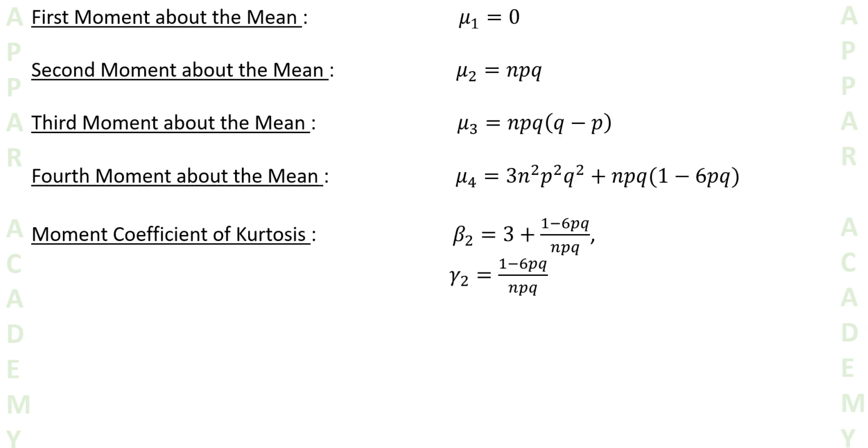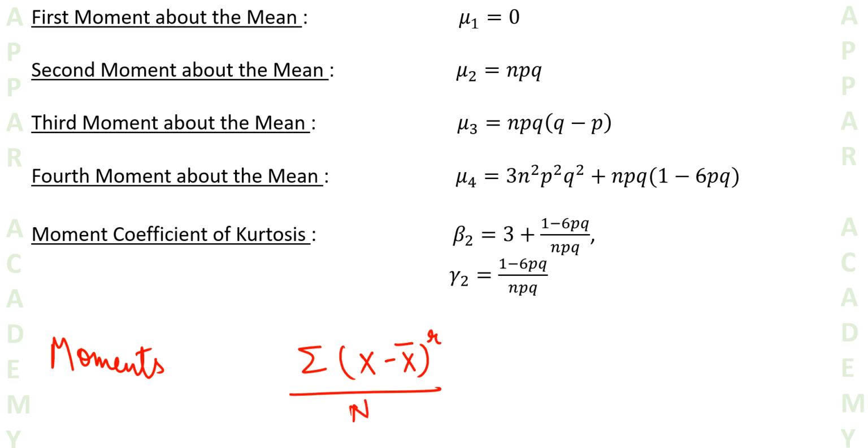Right? So now let's talk about the moments about the mean. First of all, we all know that moments about the mean are represented by summation of x minus x bar, that is the average, to the power r, upon n, right?